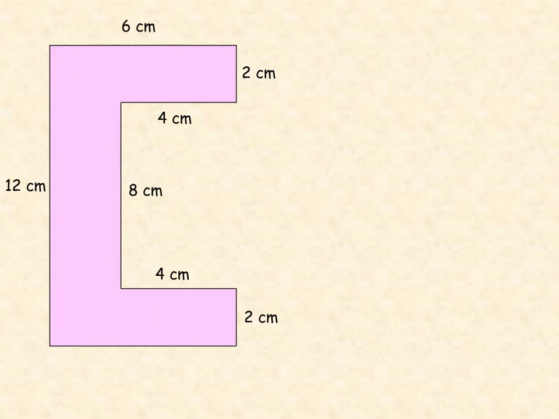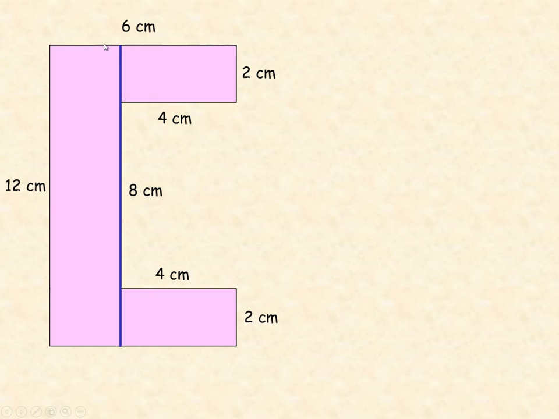Okay, now we've got this shape. It's made of more than two shapes put together. I can split it like so, and then find the area of each rectangle and add them together. Now my first rectangle here, on the long side, I've got 12 centimeters, but across here, what's the width then?